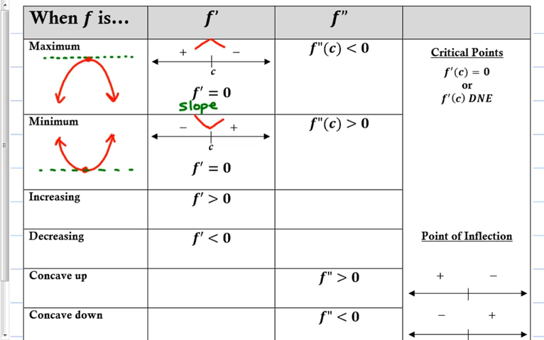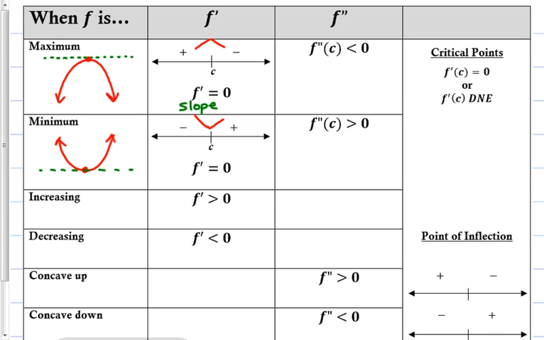Okay, so when f is a maximum, the second derivative is actually going to be less than 0, because the second derivative determines concavity. When you have a maximum, your graph tends to be concave down, right?